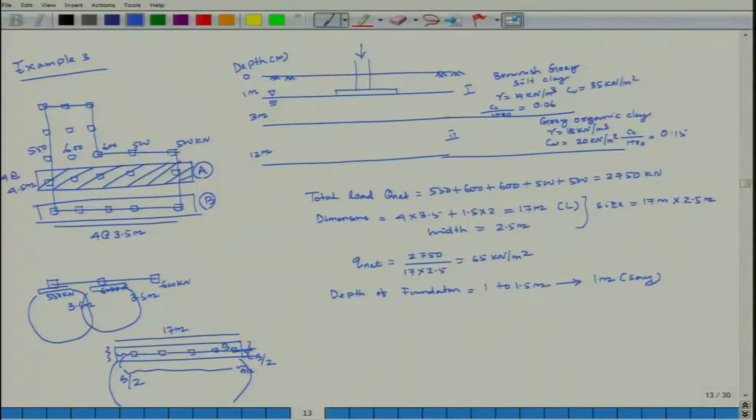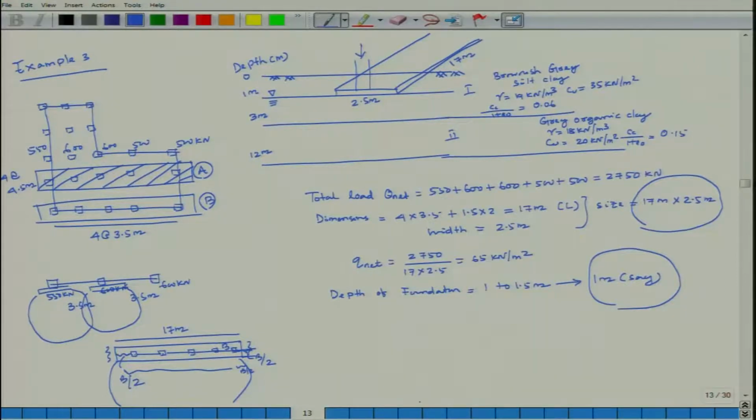So now the size I got, the depth of the water table I got. Let us start with this design. Now, one size is 2.5 meter by 17 meter, say B is equal to 2.5 meter, and here it is going in this direction, it is your 17 meter.